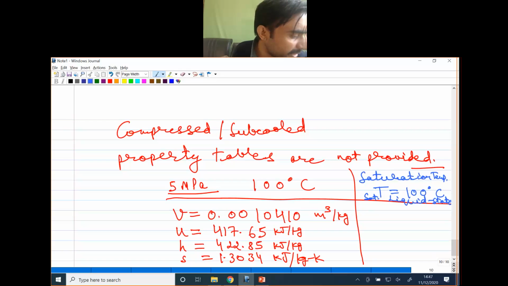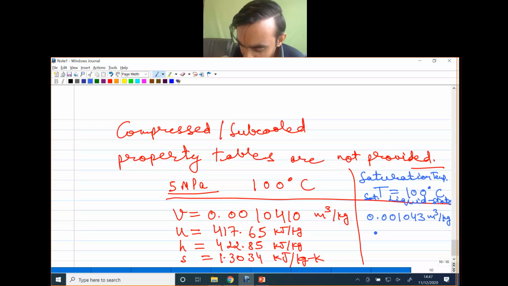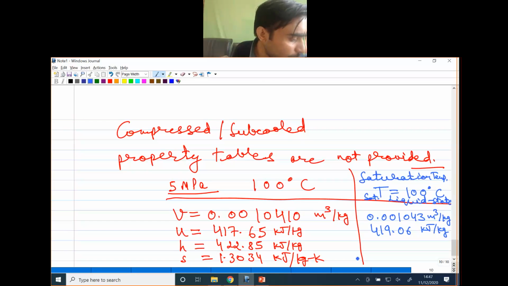Now if you refer to the saturation temperature table and go to 100 degrees Celsius, the value of specific volume of liquid is equal to 0.001043 meter cube per kg. The internal energy of liquid is 419.06 kilojoule per kg.